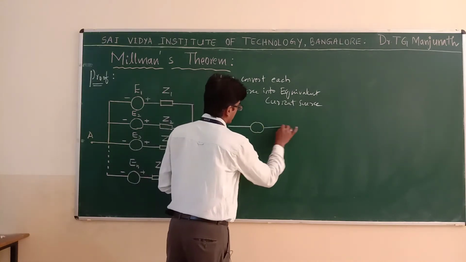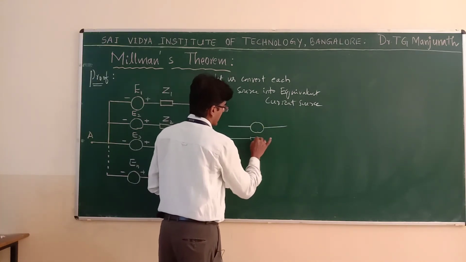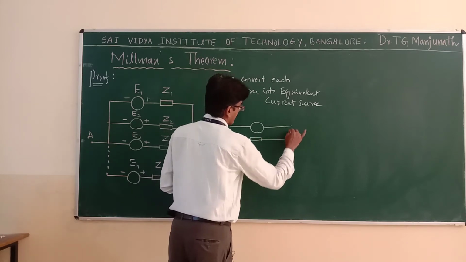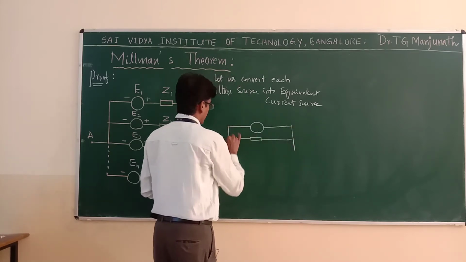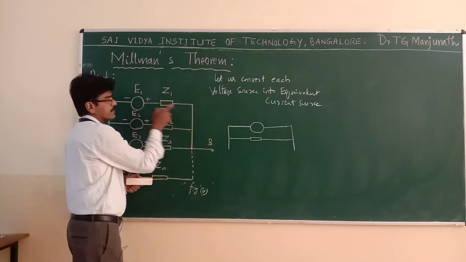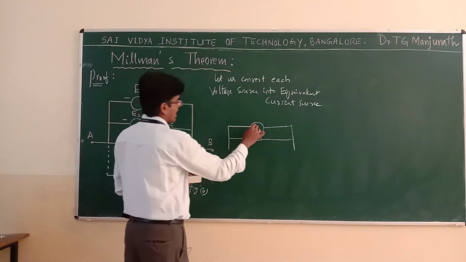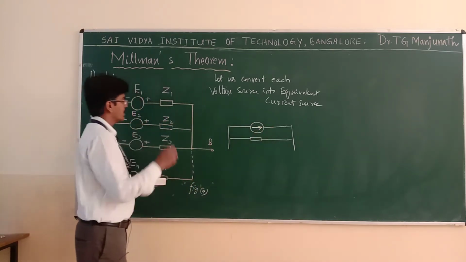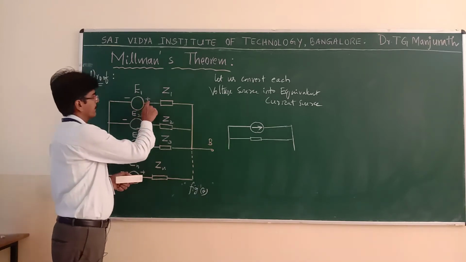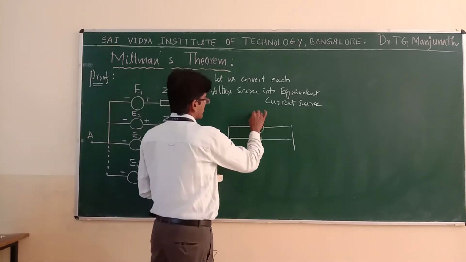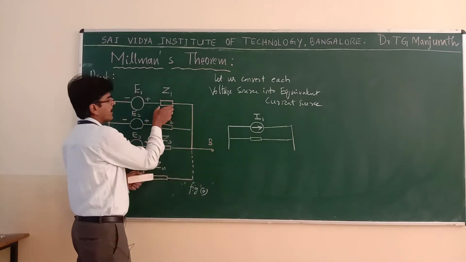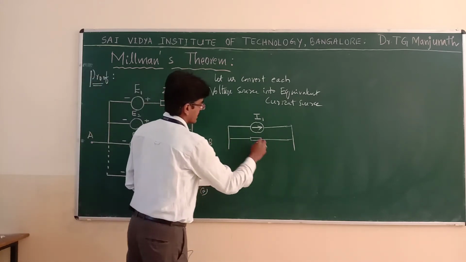A practical current source is represented by a current source in parallel with an impedance. I converted this voltage source into a current source. The arrow should be on the right side for the current source because positive is on the right side. Now I will take this current as I1, in parallel with the same impedance Z1.